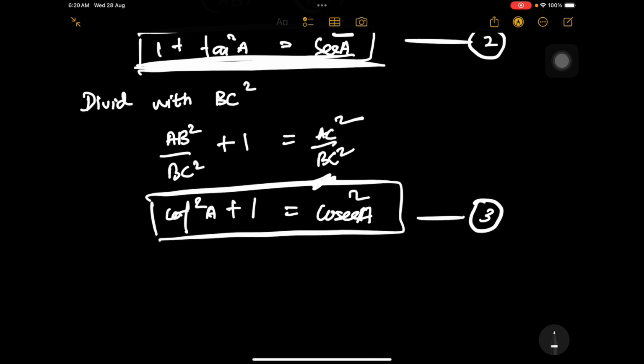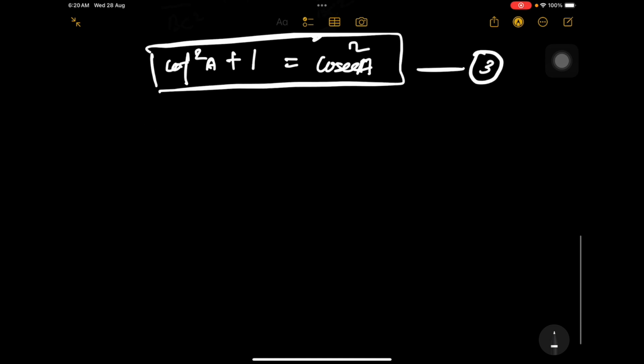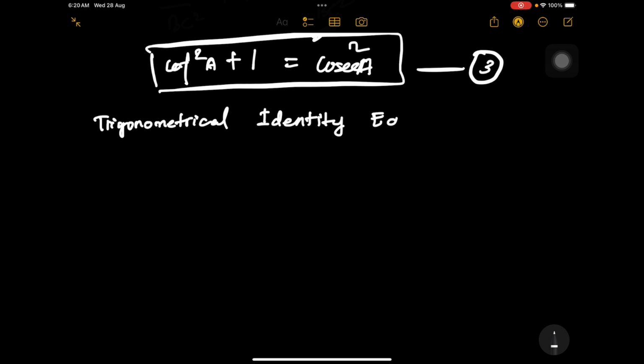This is the third equation. So basically we learned, so let's write down the trigonometrical identity equations. The first one is sin squared A plus cos squared A is equal to 1.